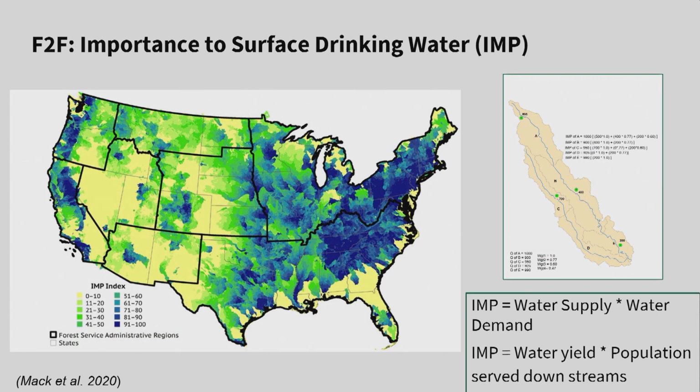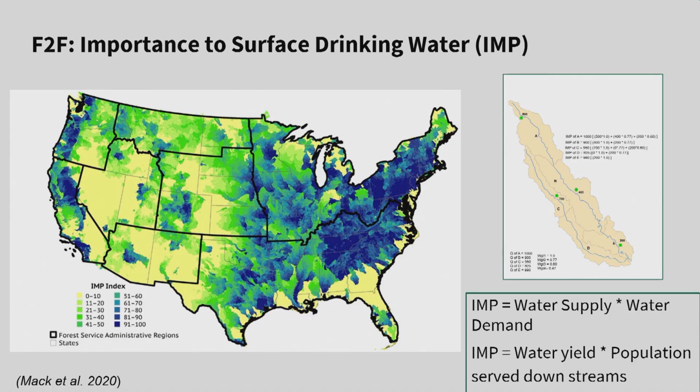This is a map to show the importance of the watershed to supply water. Basically there are two factors. One is how much water they can produce. As you can see, the mountains, the Appalachian Mountains, or in the west, Oregon, those areas have higher precipitation.